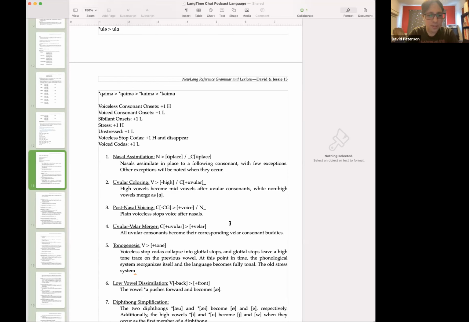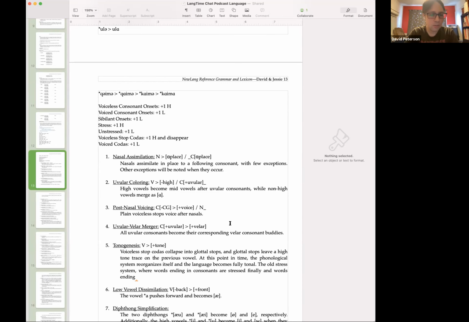All right, the old stress system is replaced. The old stress system. Okay, where, what was I going to say? Okay, so words ending in codas are stressed finally, and words ending in, I'm sorry, not codas, consonants. I mean, same thing.